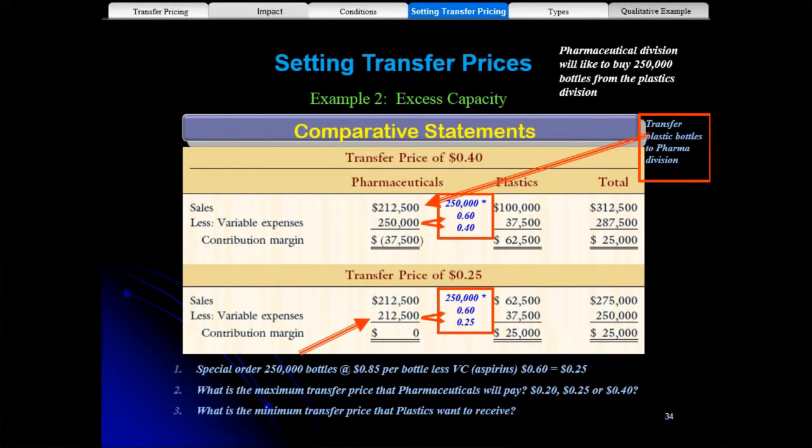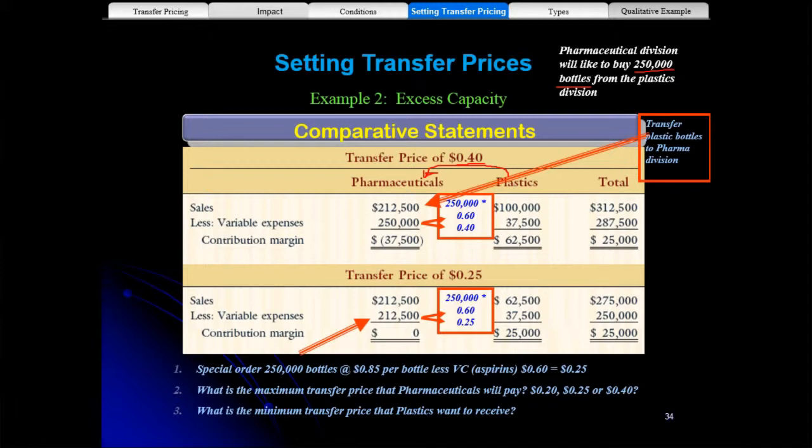What's the situation here? Well, we have a pharmaceutical division that would like to buy 250,000 bottles from the plastics division. So plastics is supplying pharmaceuticals division 250,000 bottles. Now we can do that transfer at 40 cents per bottle because plastics has lots of excess capacity.